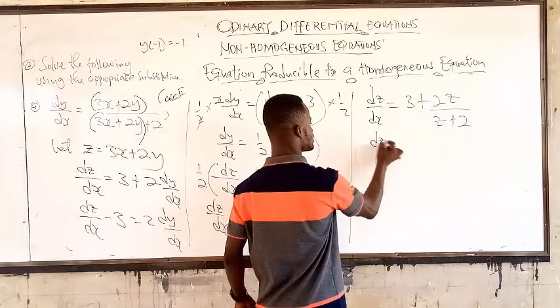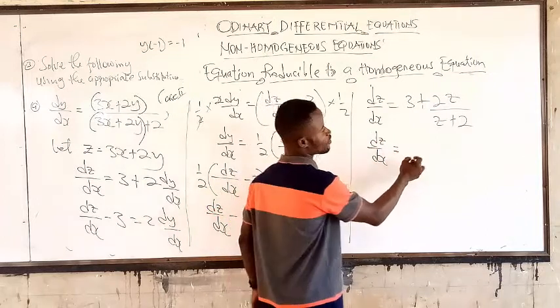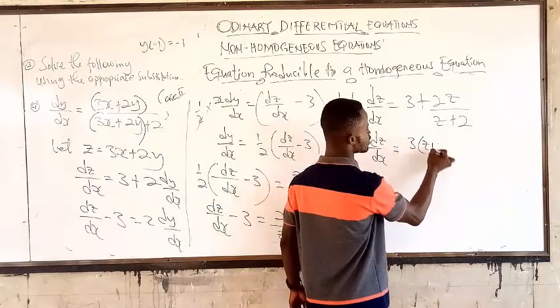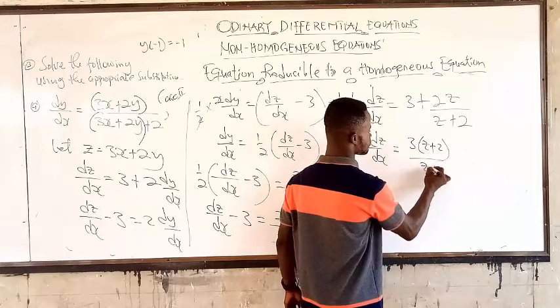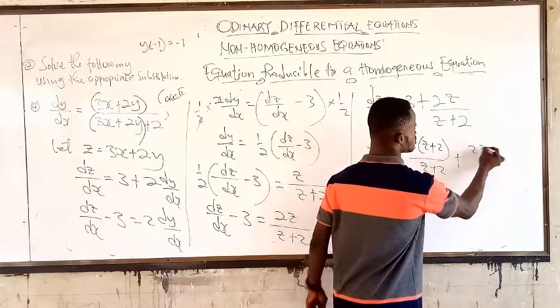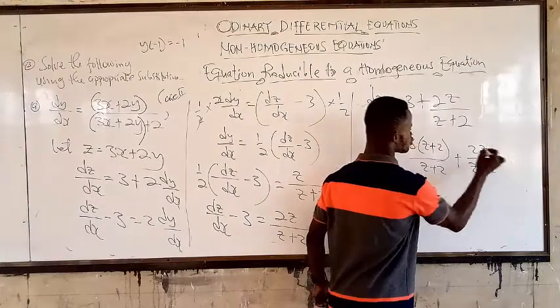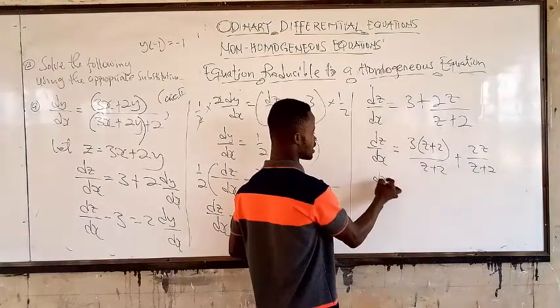So dz/dx, oh I love this question: (3(z + 2) + 2z) over (z + 2). So we get the same denominator.